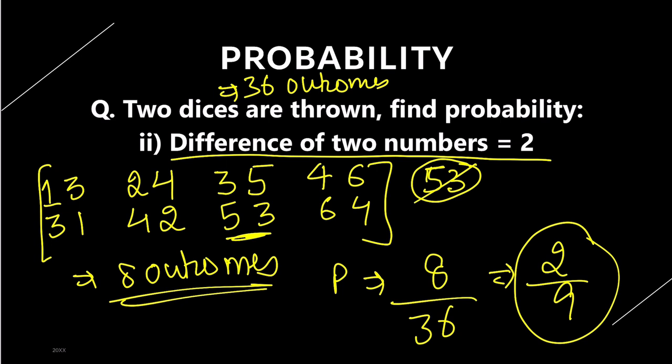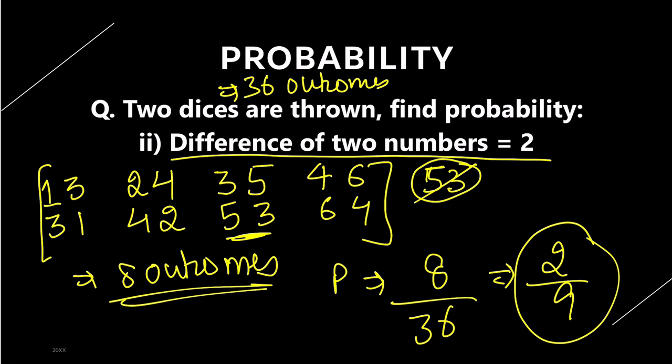Probability basics are very simple. You just have to know what your successful outcomes, your favorable outcomes, are, and divide by the total outcomes. So again, in the case of the IPL, why do we say the probability is 1 by 10?